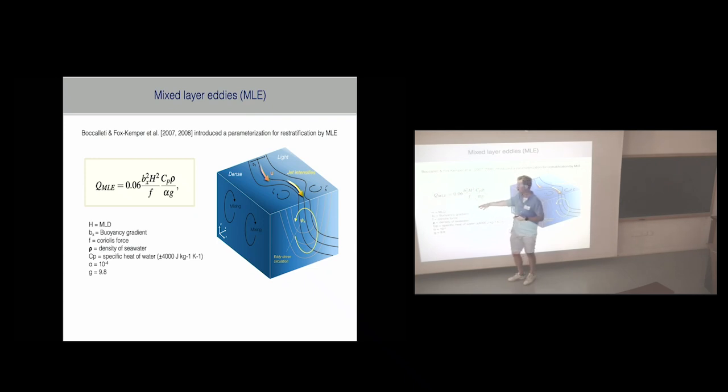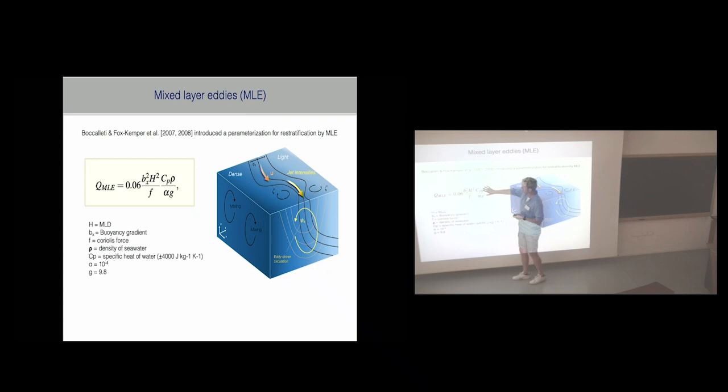Think about this morning's lecture by Sarah: we see Q as a heat flux, how much heat is put, in watts per meter squared, into the ocean from, say, the sun. But an equivalent heat flux, equivalent because it's not an actual heat flux, can also be estimated by how much buoyancy these mixed layer eddies add to the ocean, which can then be compared to the heat flux that you might measure from solar radiation, for example.